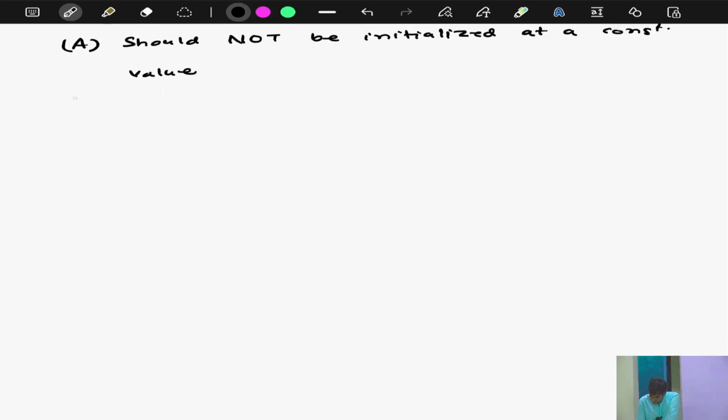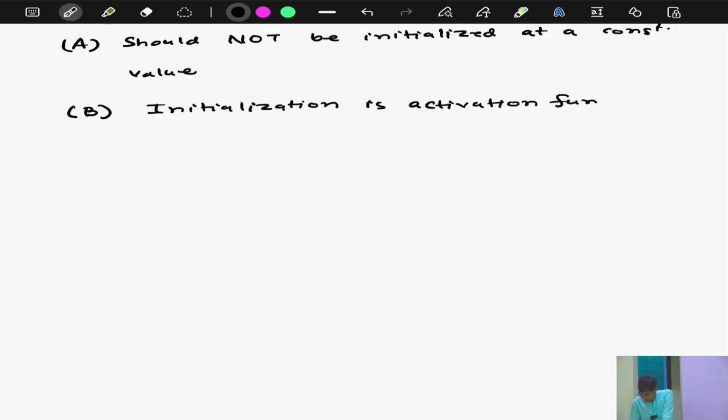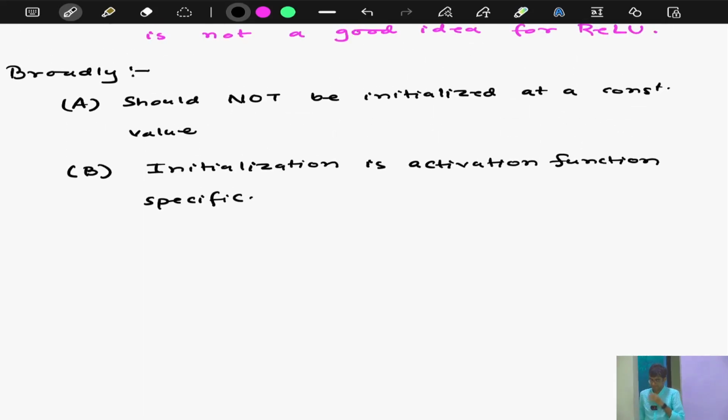The second thing is initialization is activation function specific. Okay. So broadly, two comments, two observations. Should not be initialized at a constant value. Initialization is activation function specific, or it is dependent or conditioned on that.